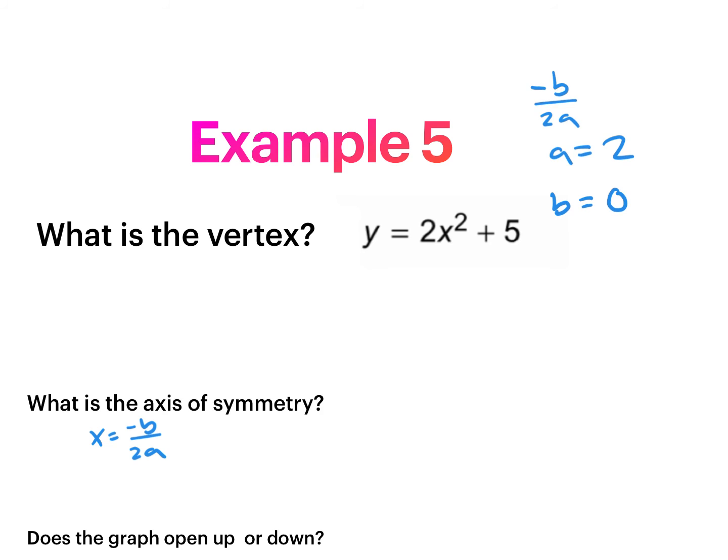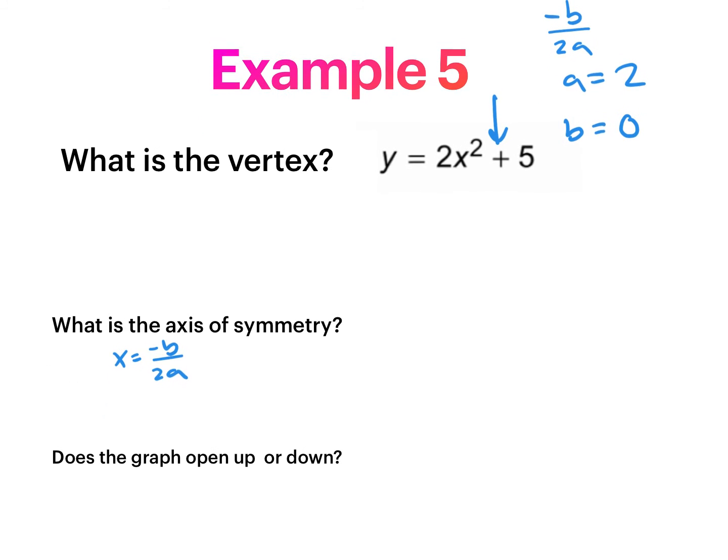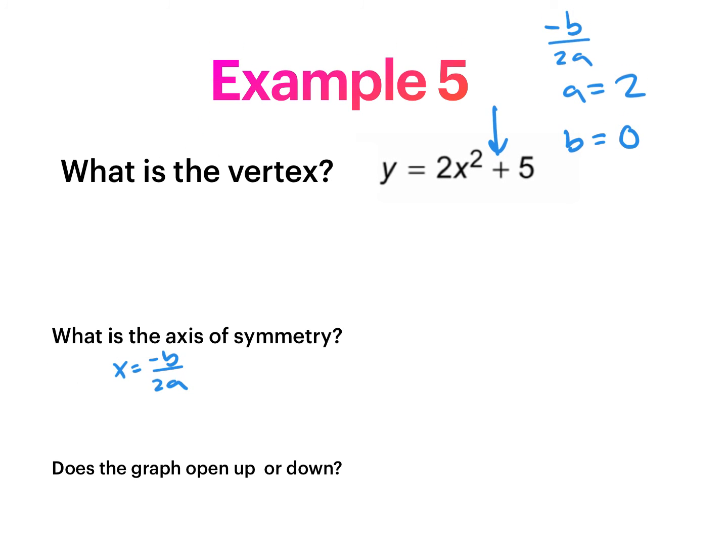Remember, b is what's in front of the x, and here I don't have an x all by itself. So b is 0. 5 would be the c, which we don't really use for anything here. So a is 2, b is 0. So I have negative 0 over 2 times 2. So negative 0 over 4.